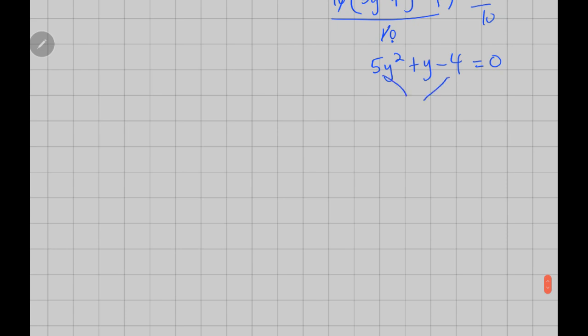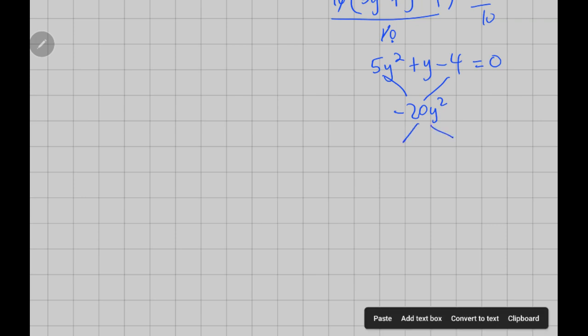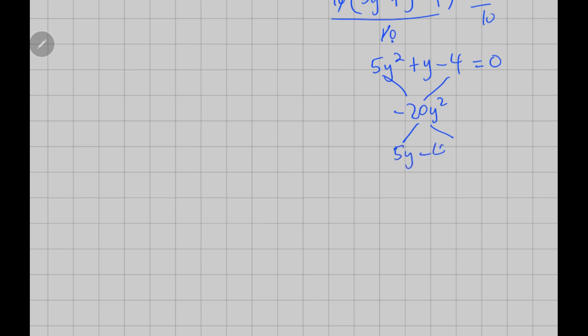So let's factorize this. If you multiply 5y squared times negative 4, you get negative 20y squared. And what are the two numbers which when you multiply get negative 20y squared, but when you add them you get y? These are 5y and negative 4y.